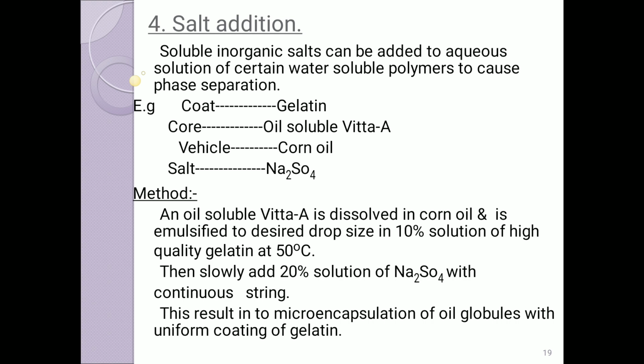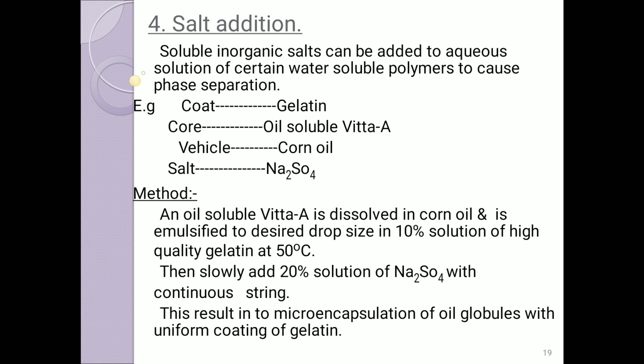Then slowly add a 20% solution of Na2SO4 with continuous stirring. When you add that salt, the gelatin becomes harder and its solubility decreases. This results in encapsulation of the oil globules with a uniform coating of gelatin.